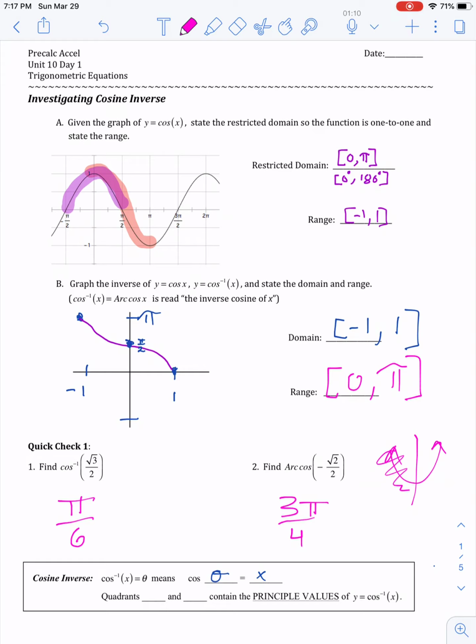Again, there are many, many answers, but inverse trig must be within the principal interval. One way to remember what quadrants we're dealing with: for cosine, all of the angles will be within quadrants 1 and 2 because we have all the positive and negative ratios that are the result of taking the cosine of an angle.